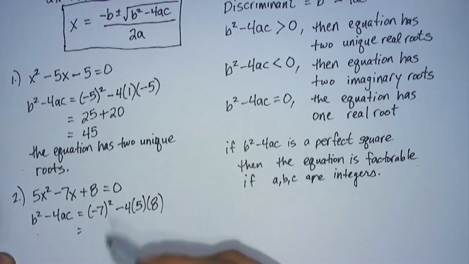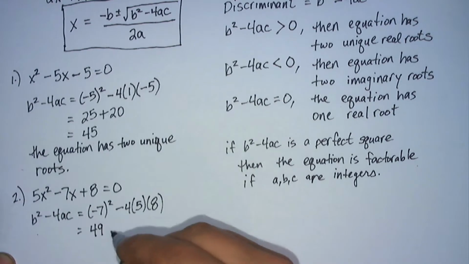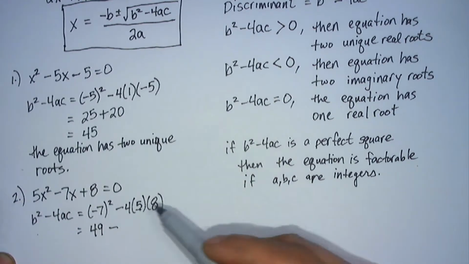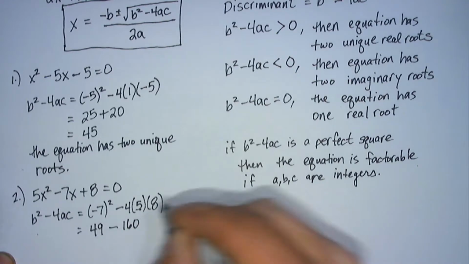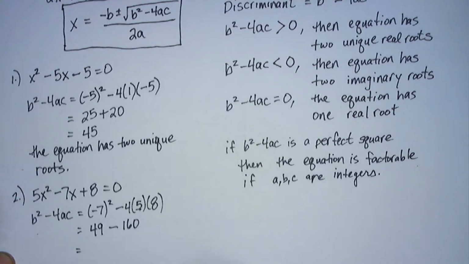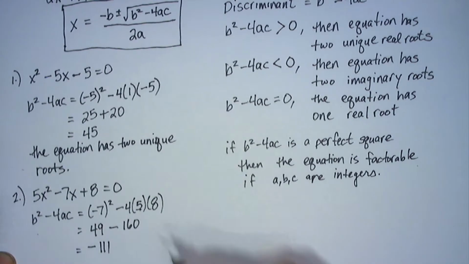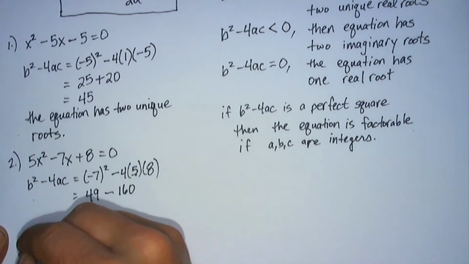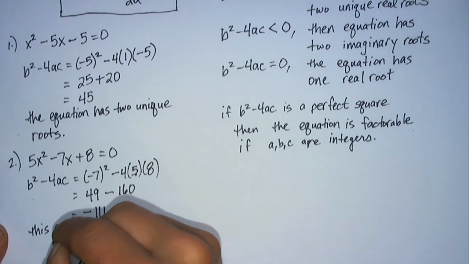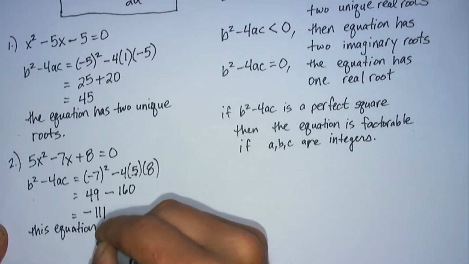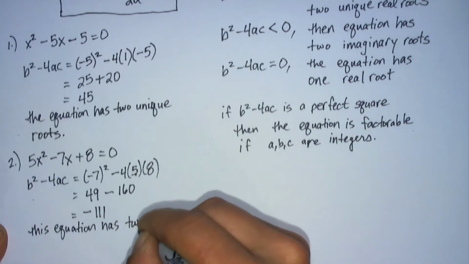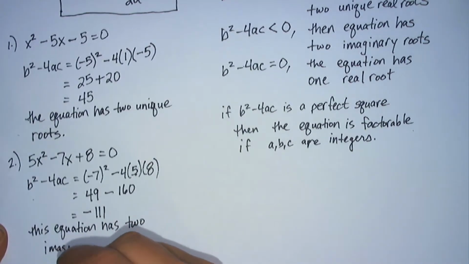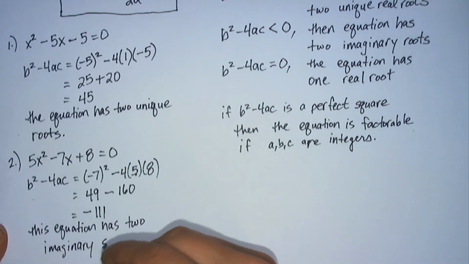So this is negative 7 squared is 49. Minus 4 times 5 is 20, and 20 times 8 is 160. And when we do the subtraction here, you see that we're taking a positive number and subtracting it by a bigger number, so this answer is going to be negative. It's negative 111. So we could say this equation has two imaginary solutions.